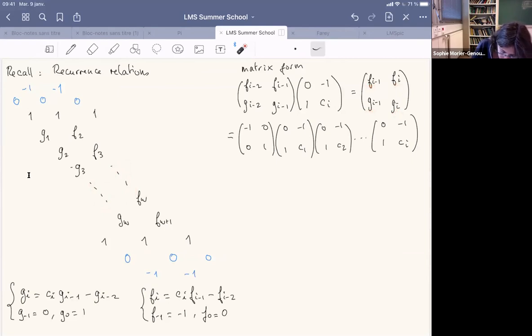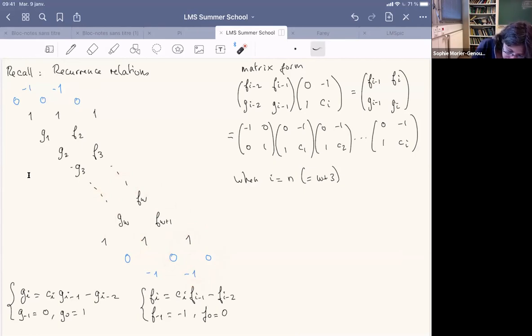So what happens when I arrive at the end? When I equals n, remember it's w plus 3. When i equals w, I'm here. When i equals w plus 1, I'm here. When i equals w plus 2, I'm here. And when i equals w plus 3, I'm here.